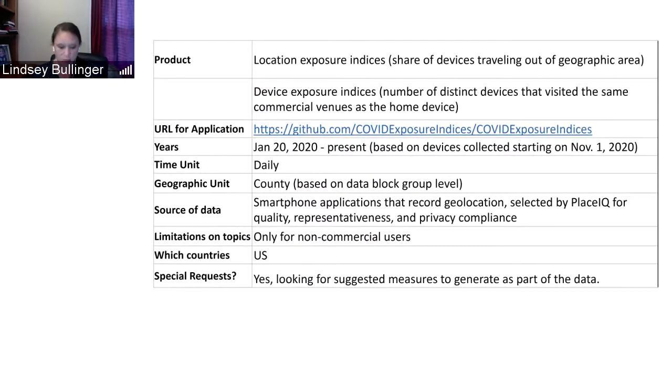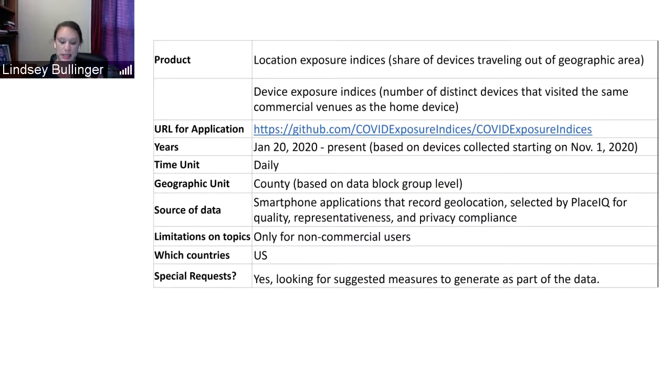The second data source that I'm going to be talking about is Place IQ. And so these data are really more of indices. The first product is a metric of the share of devices that are traveling out of a particular geographic area.